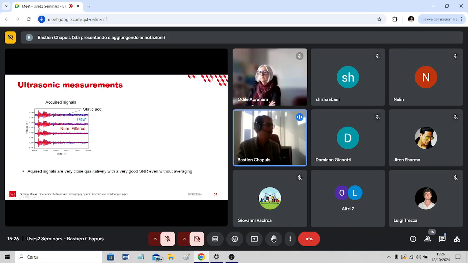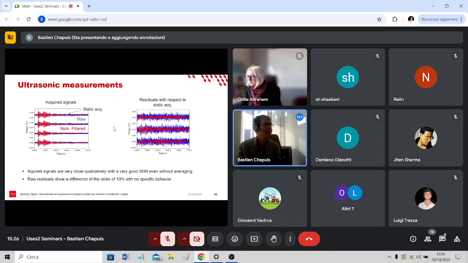The three other signals are captured during the bending, at different points during the bending. And you can see that qualitatively we have quite similar signals. If we compute the residual signals with respect to the static acquisition, so this line minus this line, this line minus this line, etc., you can see that we have a residual that is of the order of 10% of the static acquisition, and no specific behavior.